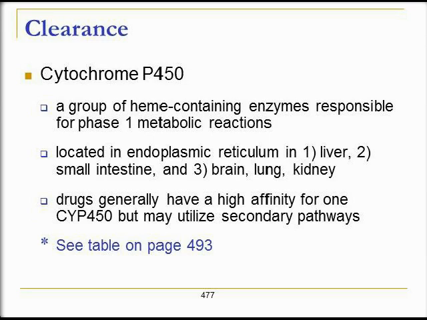They're located throughout the body, primarily in the liver, but there's also, as I just mentioned, cytochrome P450 in the small intestine, and there's also some in the brain, lung, and kidney. Usually drugs will have a high affinity for one particular enzyme, but there are some drugs that utilize other cytochrome P450 enzymes or other secondary pathways for elimination. And I'll talk a little bit about that in a second.